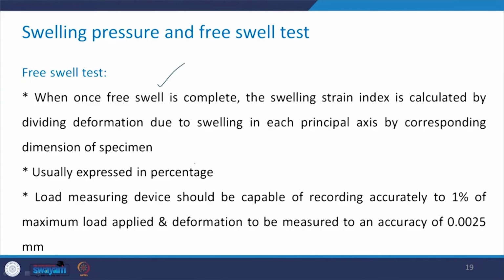Once the free swell is completed, the swelling strain index can be calculated by dividing the deformation due to swelling in each of the principal axes by the corresponding dimension of the specimen. This is usually represented in percentage.